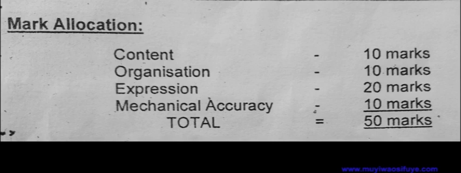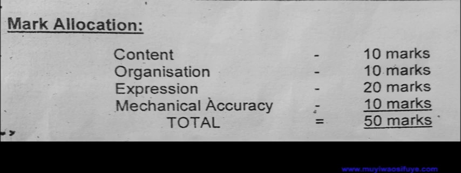For grammatical errors: wrong usage of preposition, misuse of countable or uncountable nouns, confusion in the use of pronouns. All these things we count when they are marking your essays under mechanical accuracy.